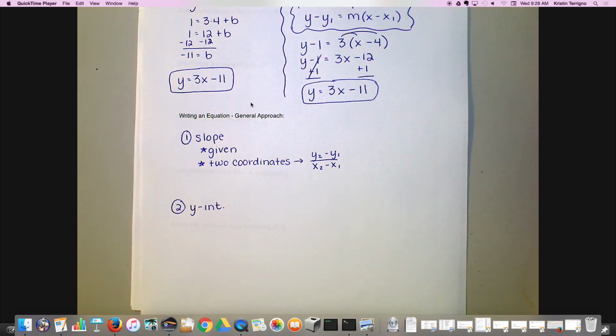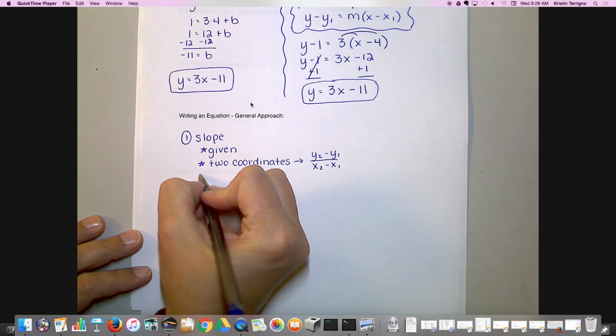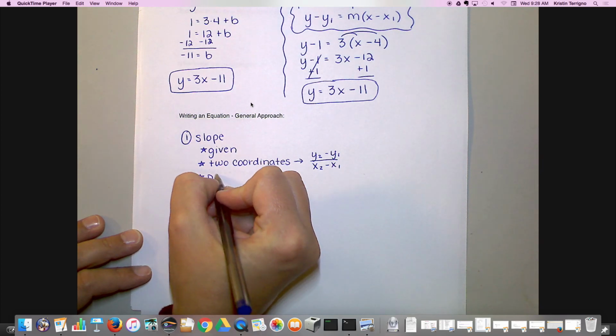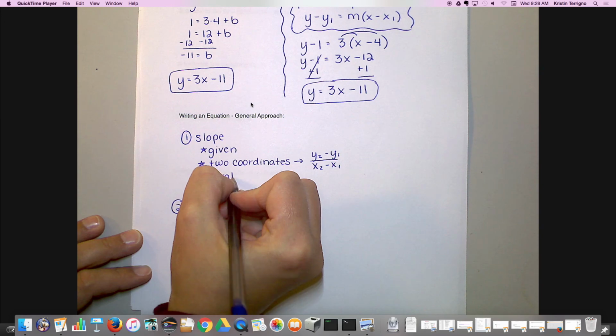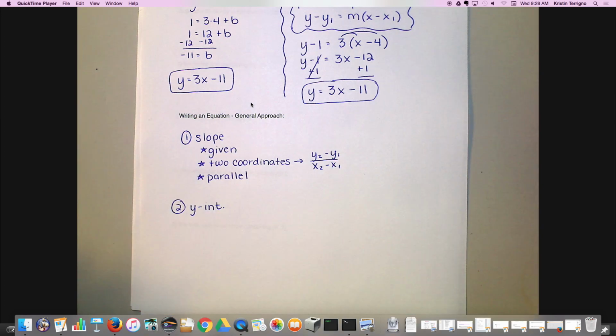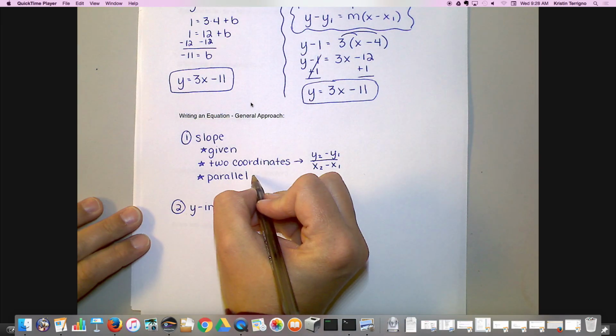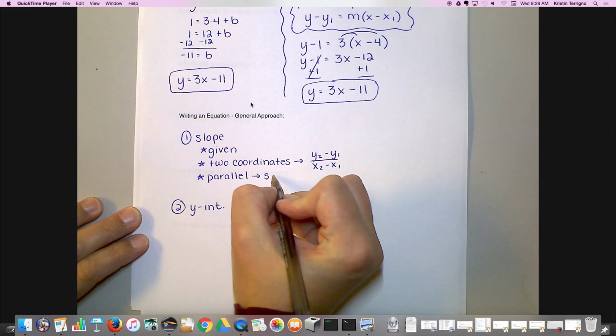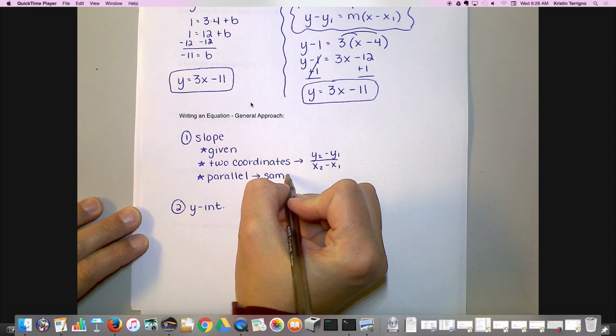Okay. Trying to think of what other ways it also shows up. Sometimes it'll say it's parallel to a given line. And we've already looked at some of those too, right? So if it's parallel to a given line, you just keep the same slope as the line that you're given.